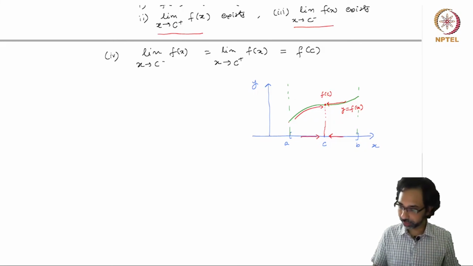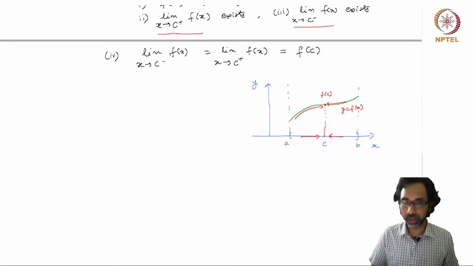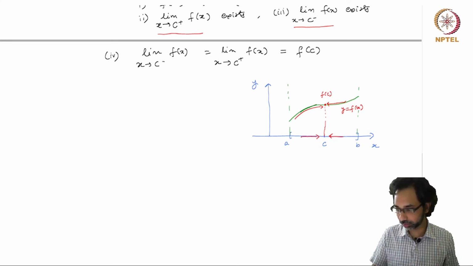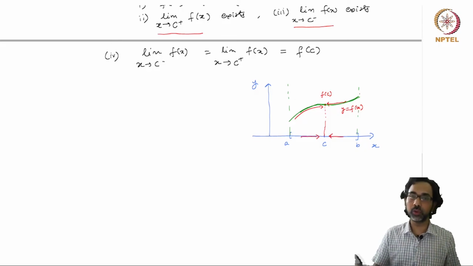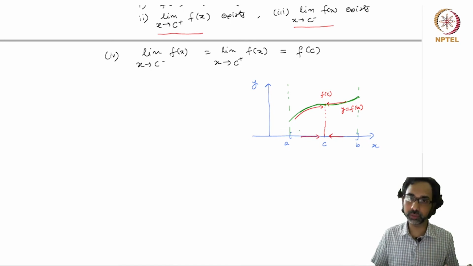So informally, if you take a pen and you move your pen over the graph of f(x), you can move your pen without taking it out of the paper. This is an informal definition of a continuous function.